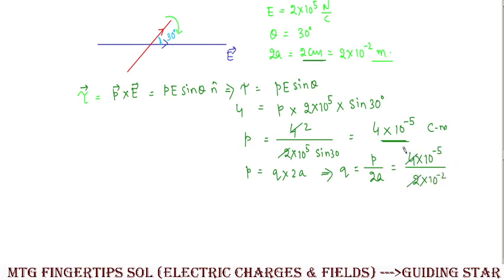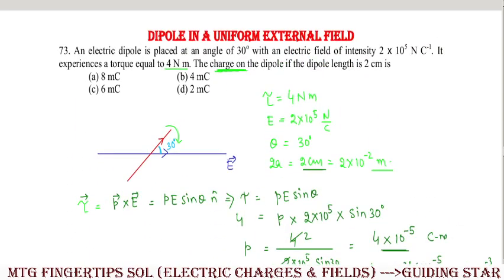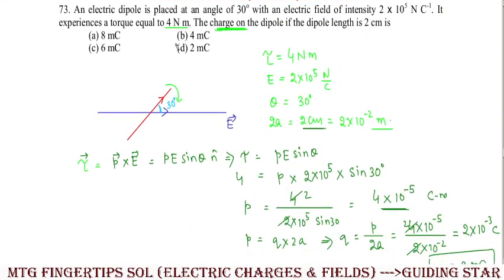So it will be 2 into 10 to the power minus 3 coulomb. Clear? That means the value of the charge q is 2 millicoulomb. So we will check 2 millicoulomb. That means option D will be the correct one.